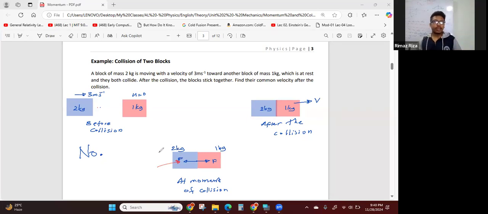Again, I'll ask another question. Can we apply the linear momentum conservation principle for this 1 kilogram mass? Can we apply it for this mass? Come on, this time I'm expecting quick answers from you. I got only one answer.